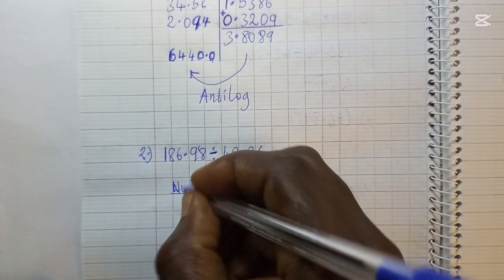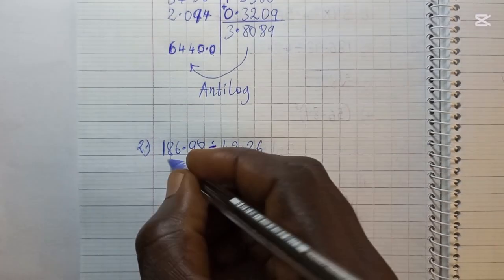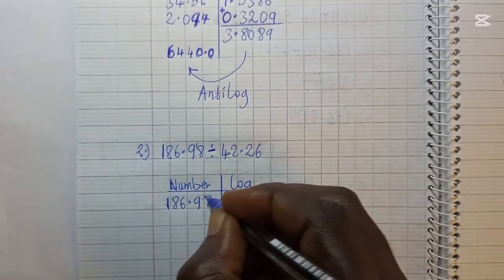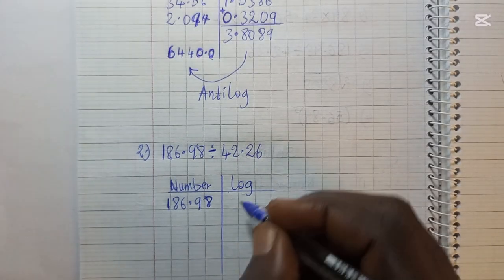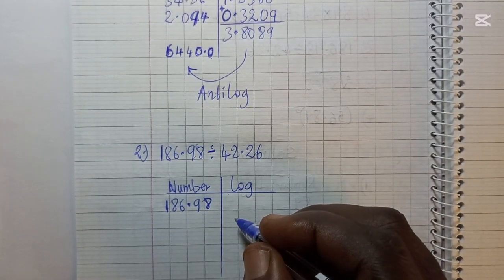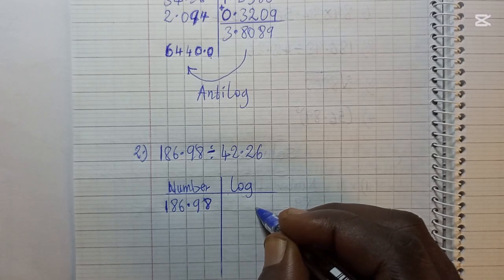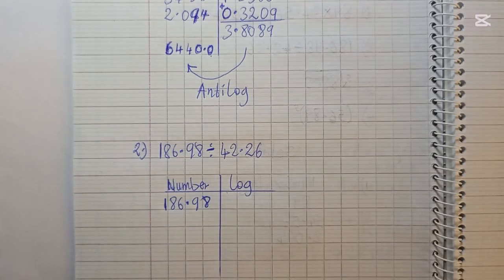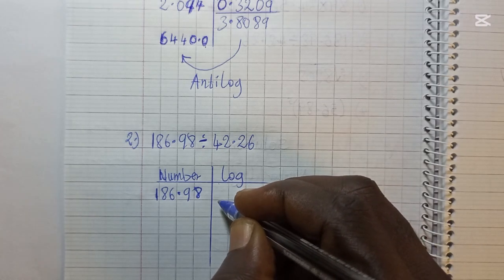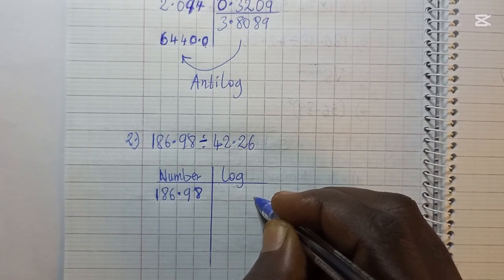So number and log. We'll write this value here, which is 186.98, and then to get the logarithm of this number, remember we are calculating two sides of the question here: the characteristics, the whole number side, and the mantissa, the decimal side.